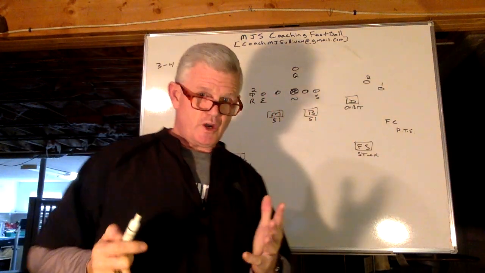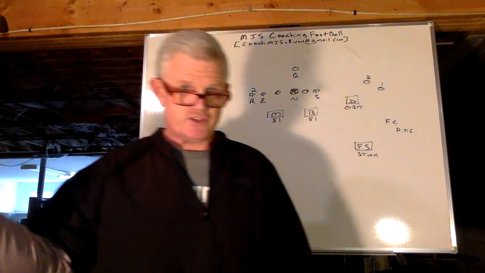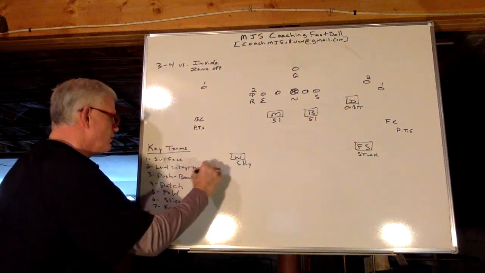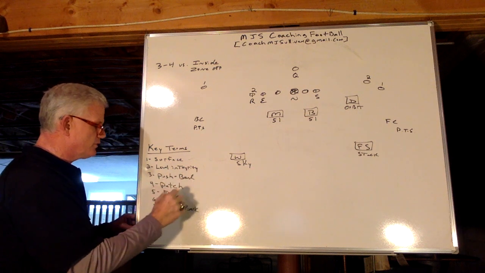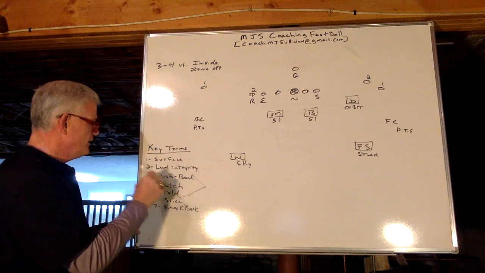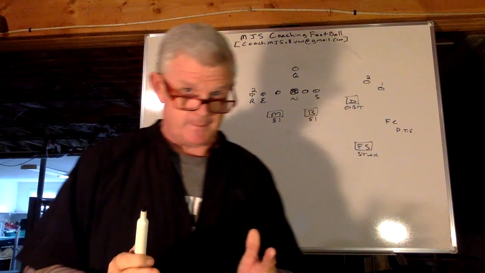When we start to talk about how we defend against the inside zone off scheme, it's going to bring in the level integrity, which is going to include push, bend, and patch, as well as fold. So these three here, numbers 3, 4, and 5, tie in with number 2, level integrity.